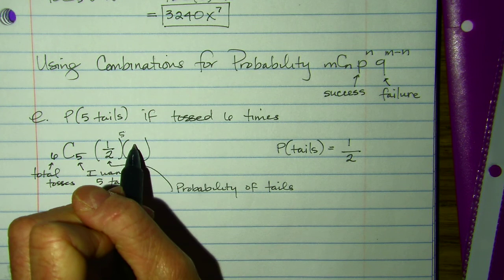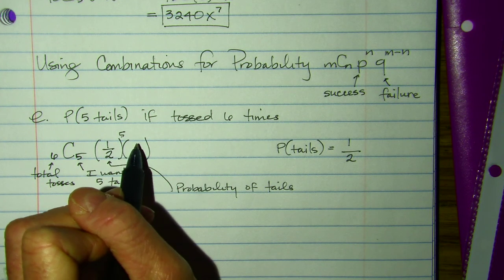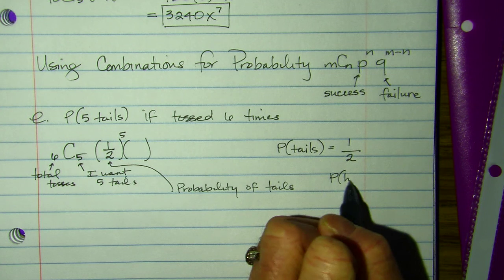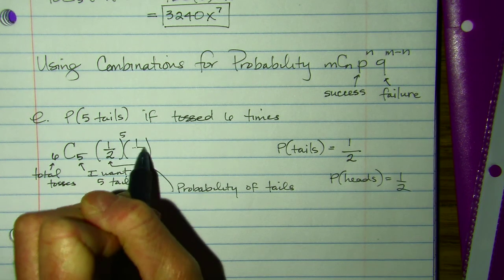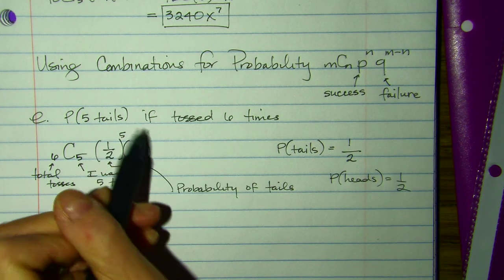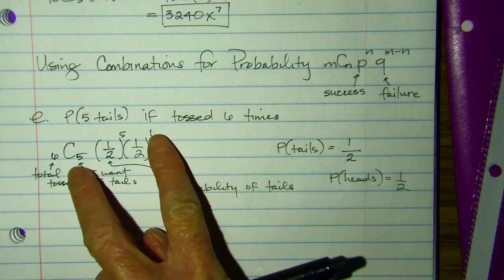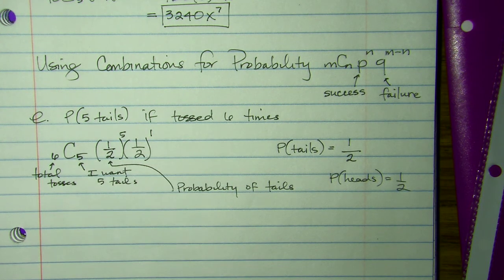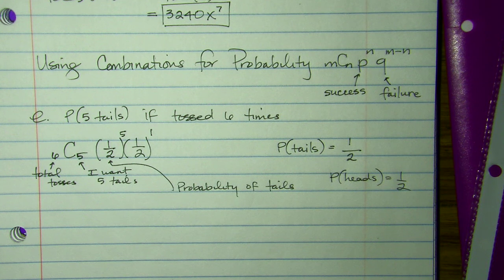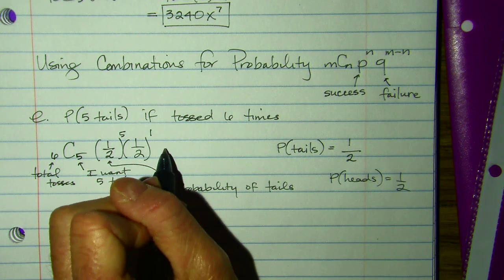So the probability of not getting tails would be the probability of getting heads, right? Heads is the other side. And the probability of heads is also 1 out of 2. But I'm only tossing it 6 times, so this is 1. Now I recognize that these don't match, but if I switched and listed this one first, then it would match, okay? So I would then enter all of this.